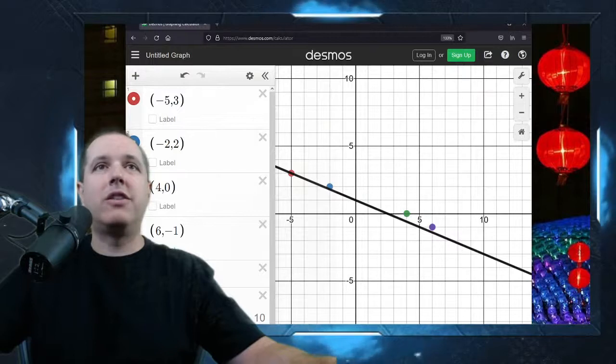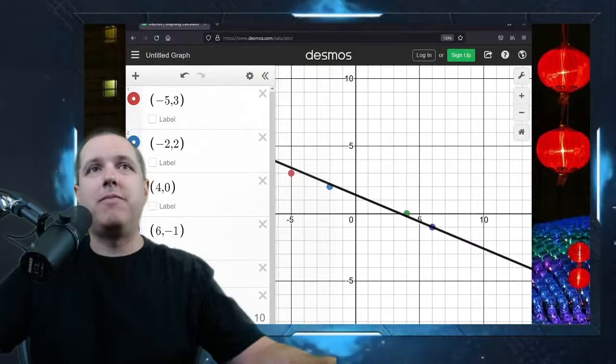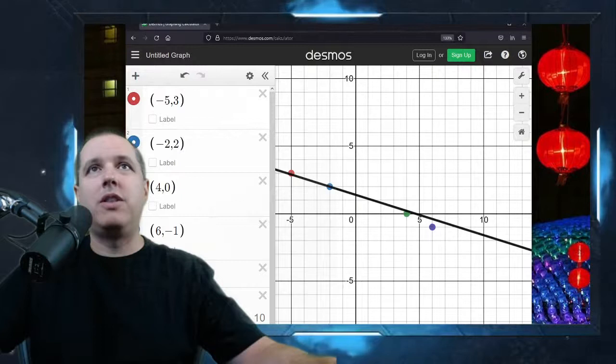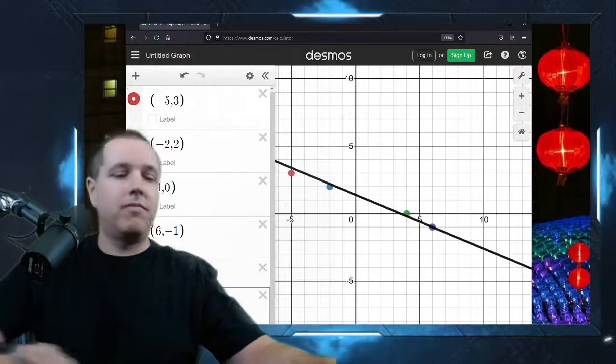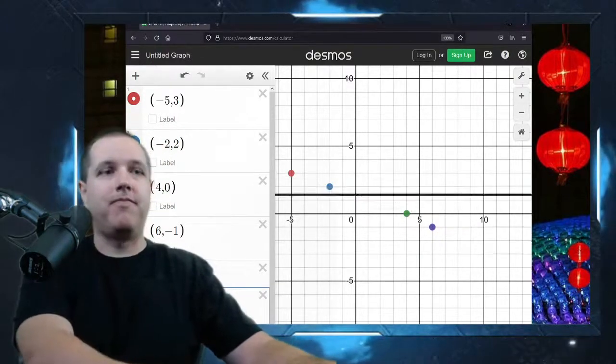It doesn't look like there's any line we're going to be able to get to go through all of these at the same time, right? Play around with it, and then you can start to see, oh yeah, it's not going to go through these points. Right? Looks like it's not going to get there.